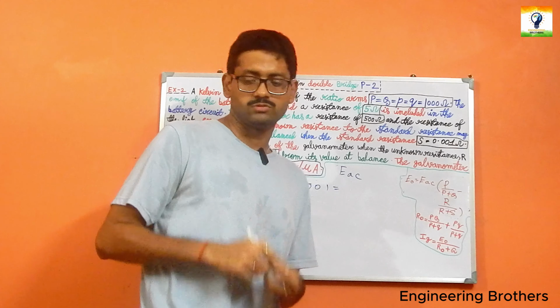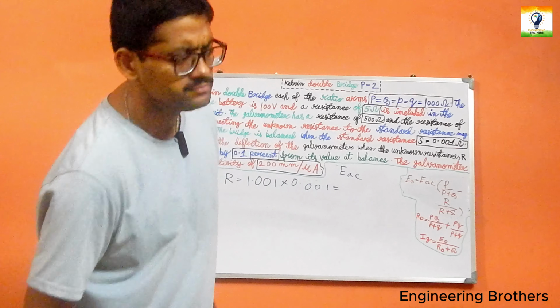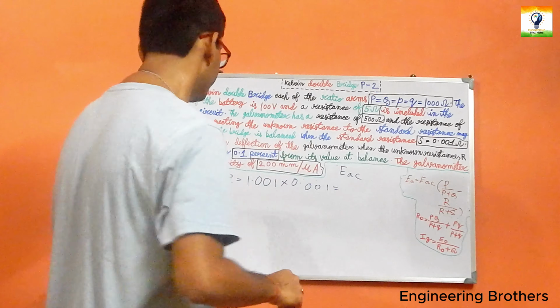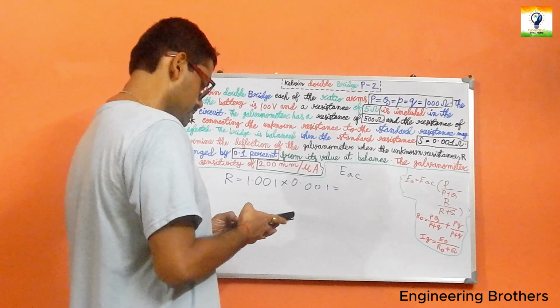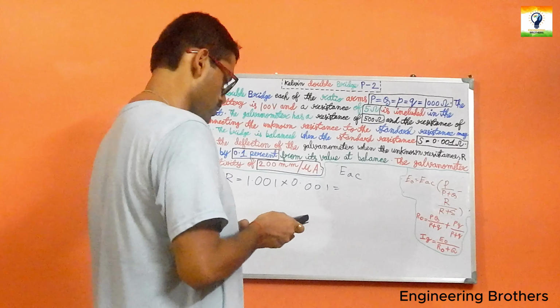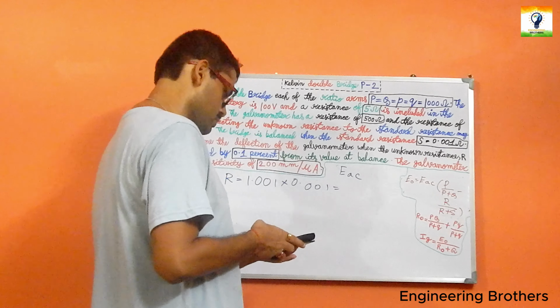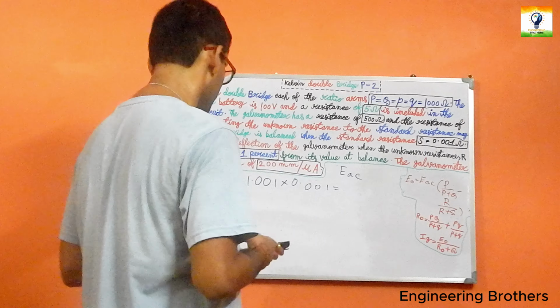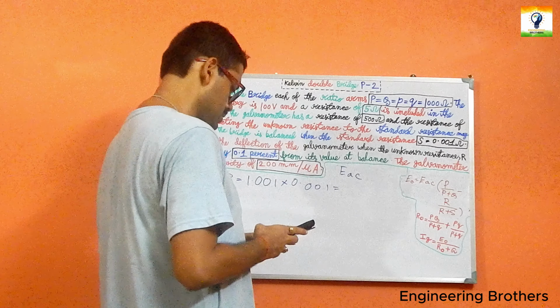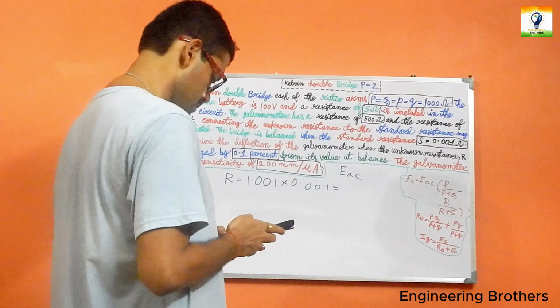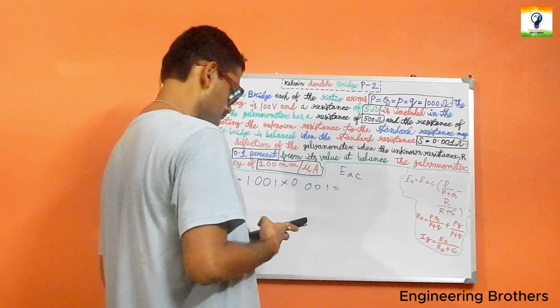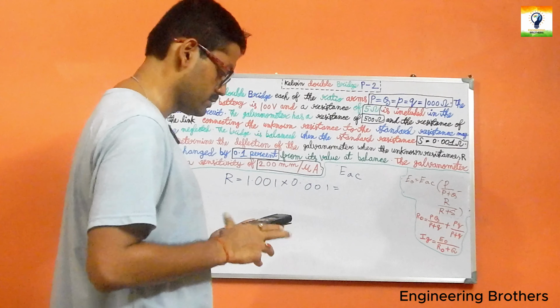Now I am just utilizing this calculator to have the value for our R, which is 1.001 multiplied with our 0.001, and the value is 1.001.